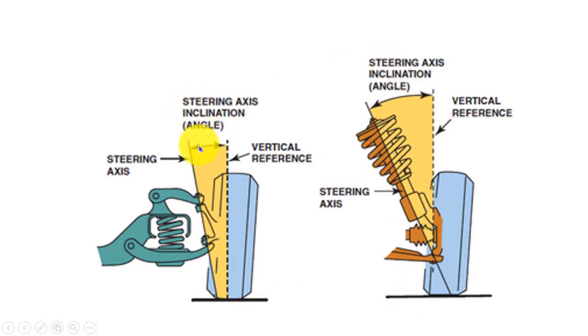The angle value varies from 3 degrees to 8 degrees. Steering axis inclination also assists during steering. The more the angle, the harder the steering will be, so the value of the steering axis inclination is kept within a limit. The sum of the steering axis inclination and the camber angle is known as the included angle.